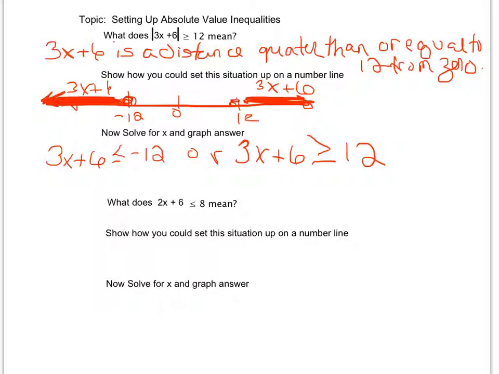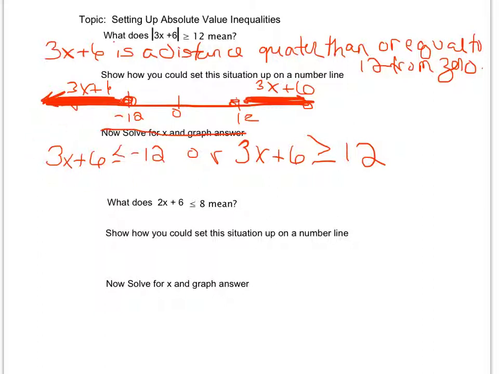And I'm going to right now ignore solving for x and graphing the answer, because that's going to be in the next video we watch, which you're going to see is going to be a template just like this. So for right now, all I want to do is set it up. I want to show that 3x plus 6 can be further back than negative 12. So here's a graphical representation.